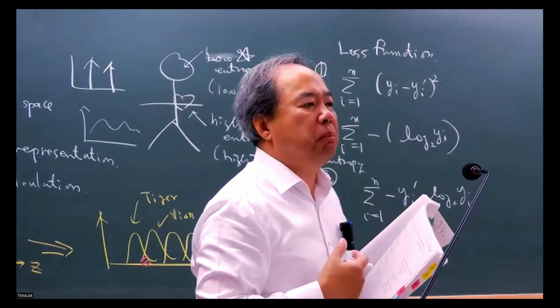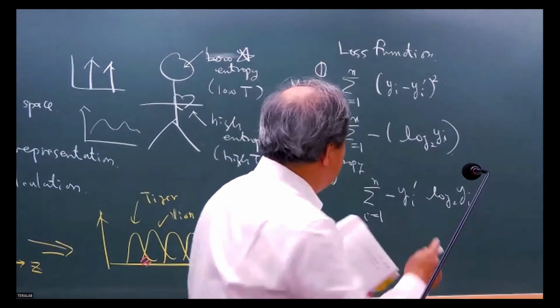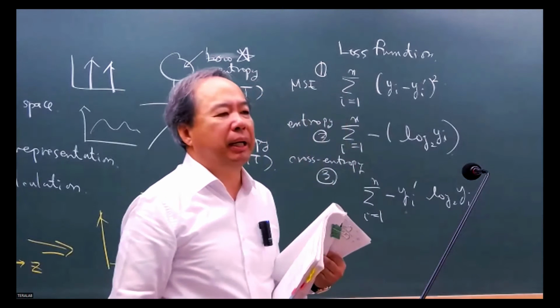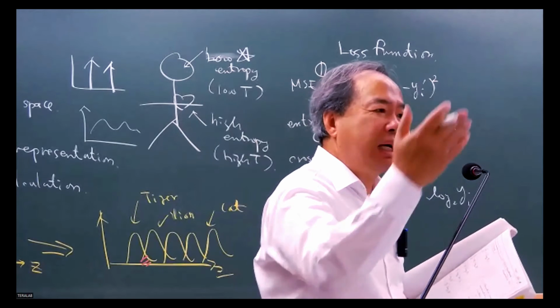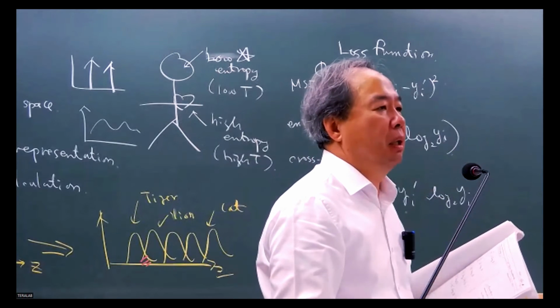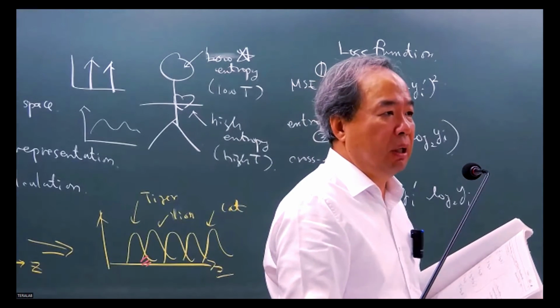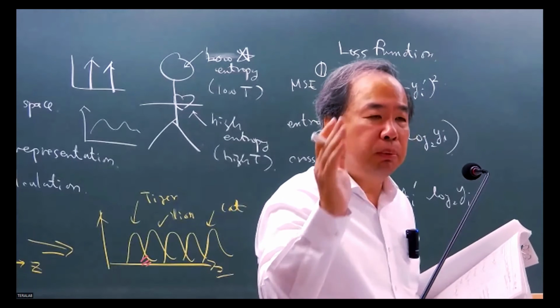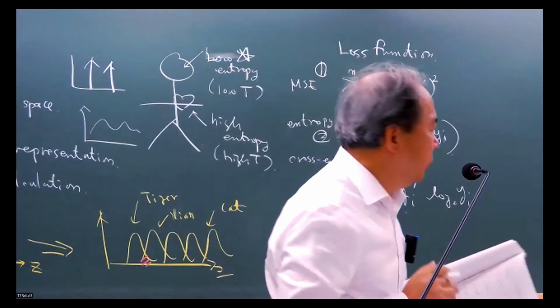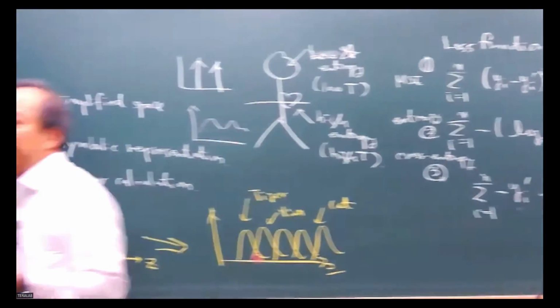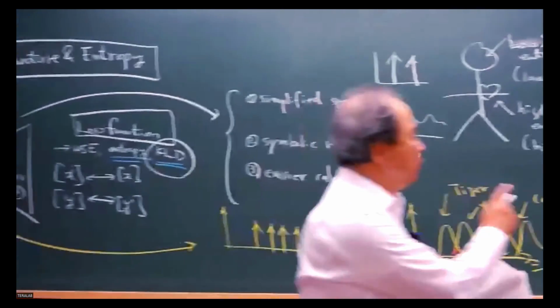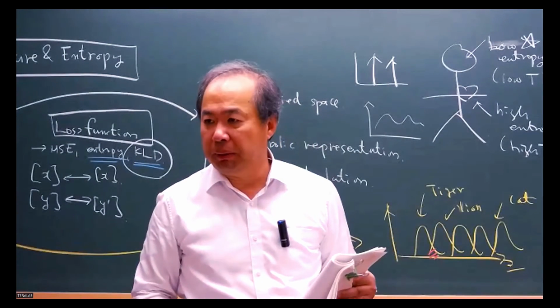By looking at the mirror image of yourself that is multiplied by yi dash. If your mirror has red color, you will see only the red information of yourself. So that red, yellow, blue kind of window is controlled by the reference. That is called cross entropy.